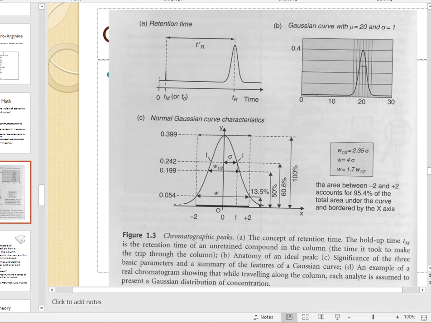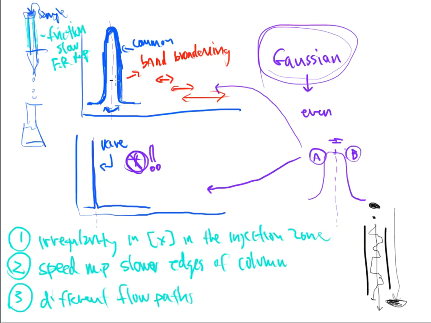All right. Two things that we need to talk about other than band broadening. We keep talking about band broadening, Gaussian curve. The problem, though, is that sometimes my peak on the chromatogram doesn't come all the way back down to baseline that smoothly.